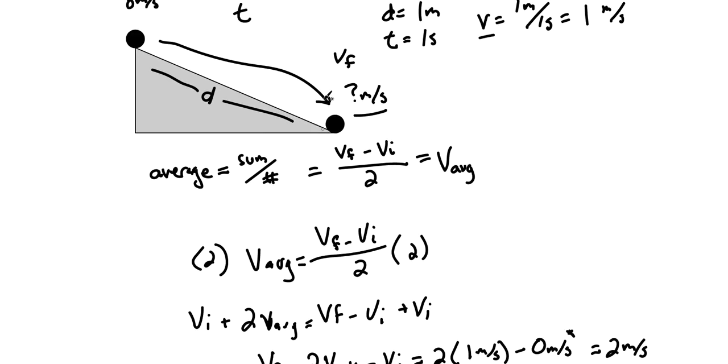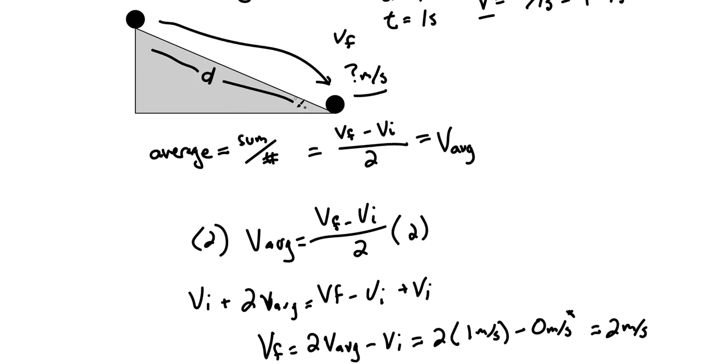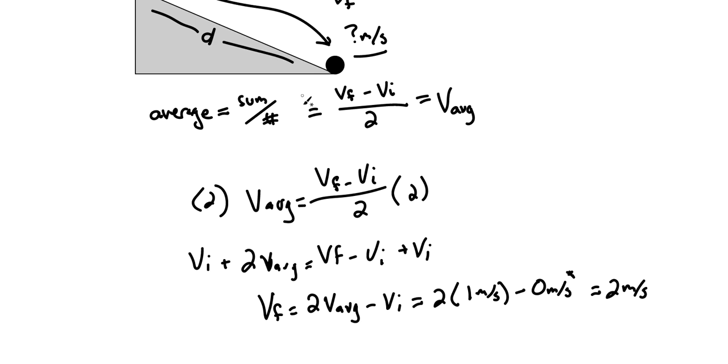That makes some sense because with 2 points, the average is always halfway in between. So its average velocity was 1 meter per second, and its instantaneous velocity at the bottom of the board is 2 meters per second. That's the difference between average and instantaneous.